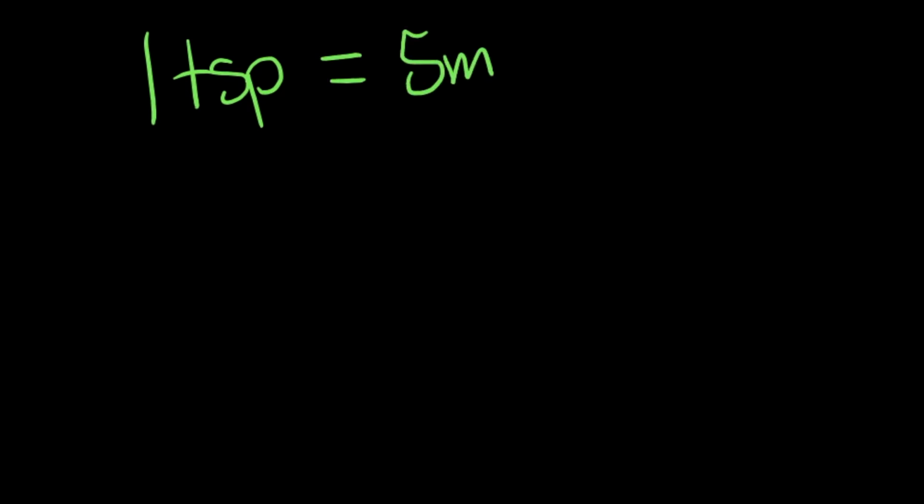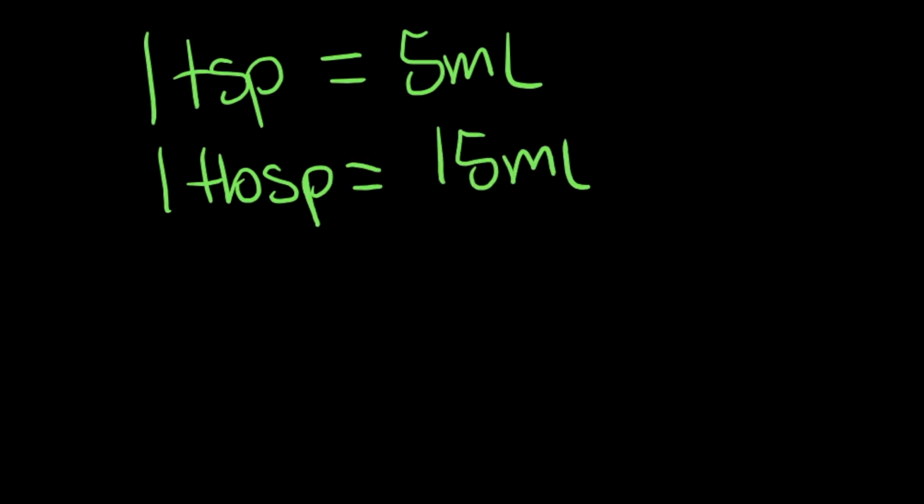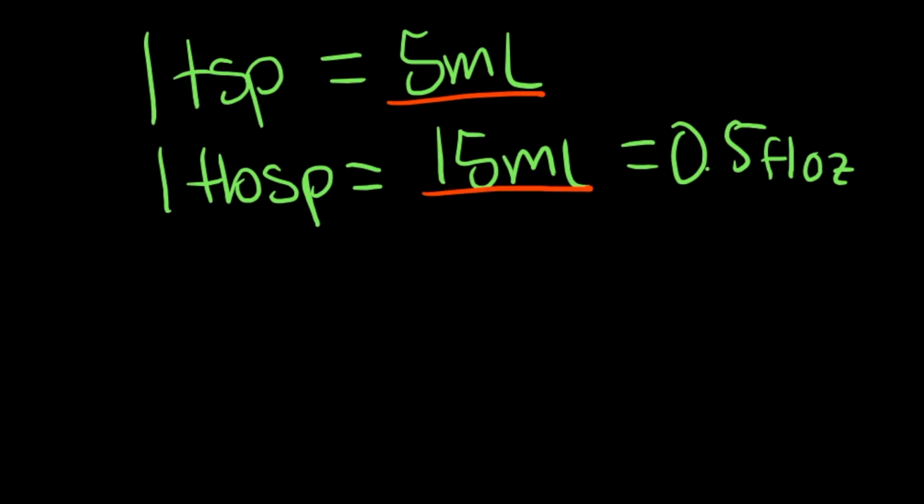Our next one is going to be 1 teaspoon is equal to 5 milliliters. 1 tablespoon is equal to 15 milliliters, which is also equal to ½ ounce. If you see here, we have 5 milliliters and 15 milliliters, right?